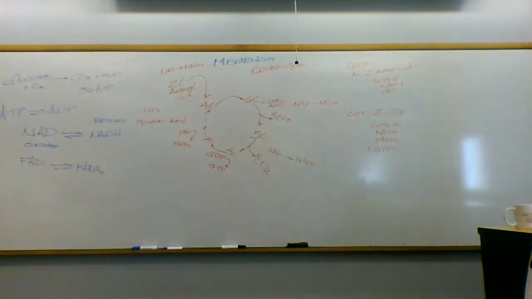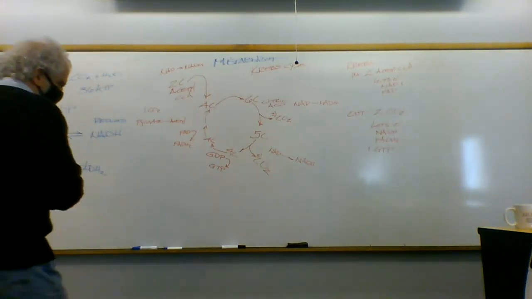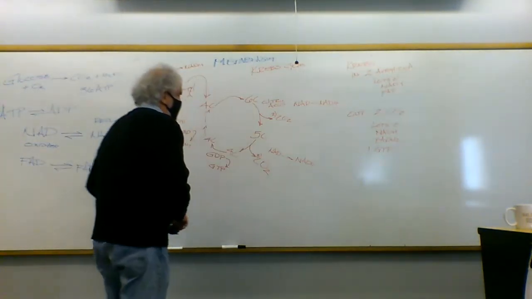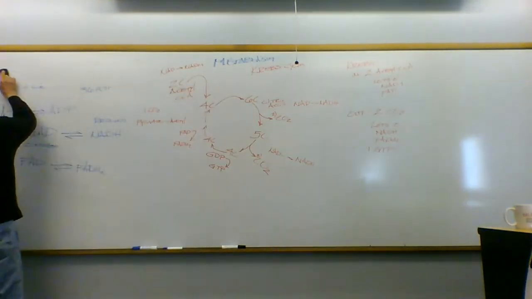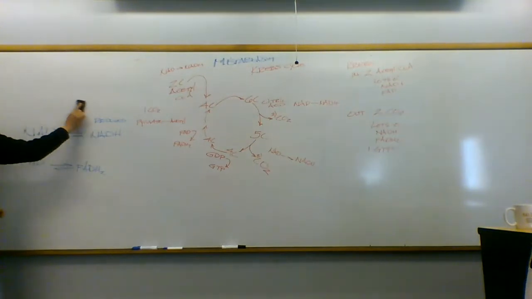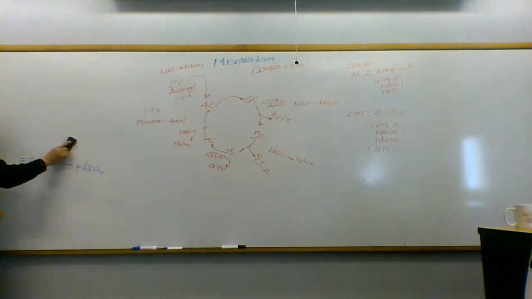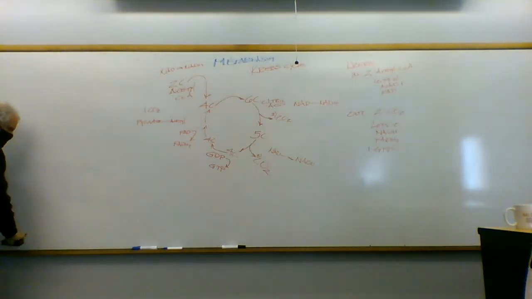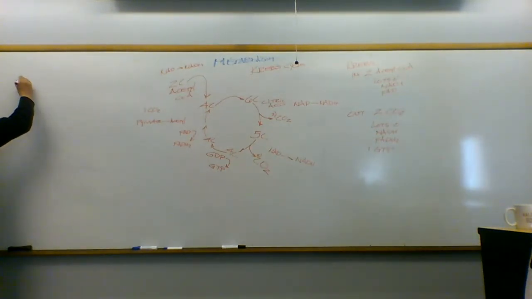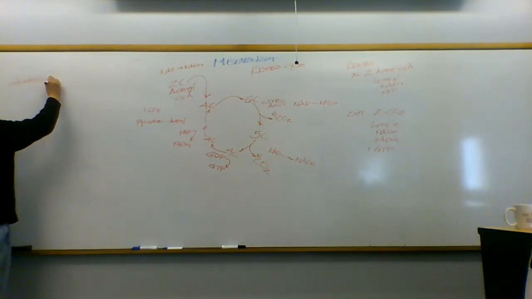So what we can do is go back to our tote board, which we're going to put over here now, and see where we stand in terms of our ATP generating process. So, glycolysis gave us 2 ATP.